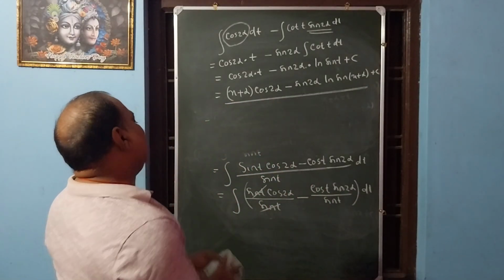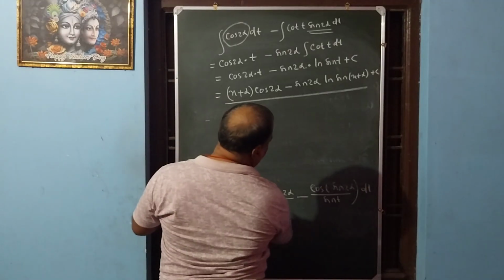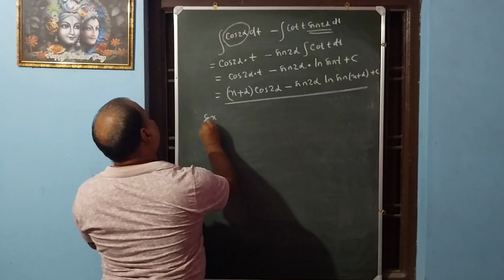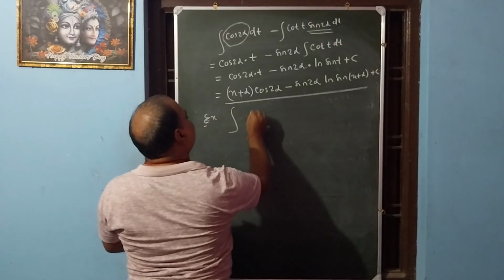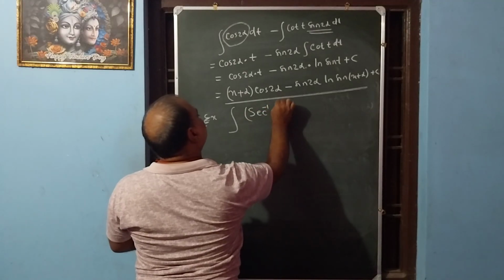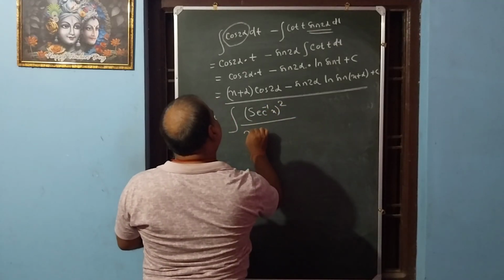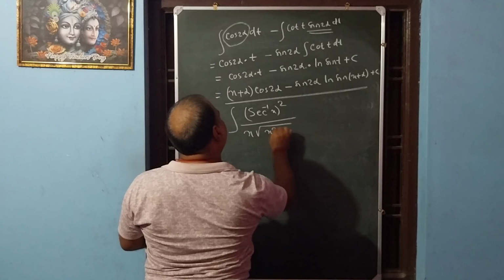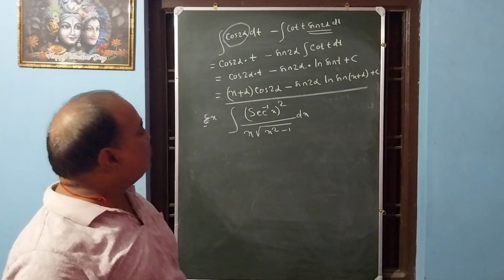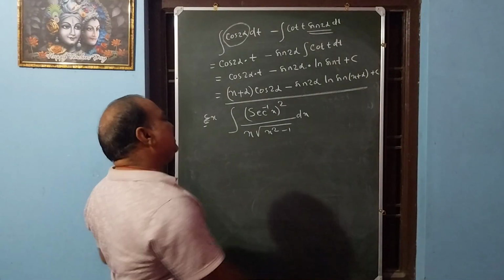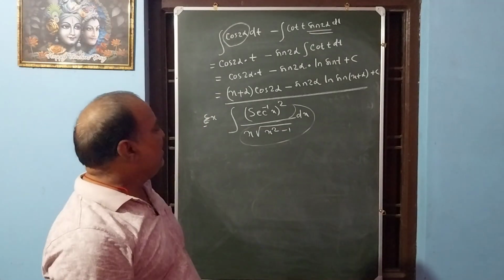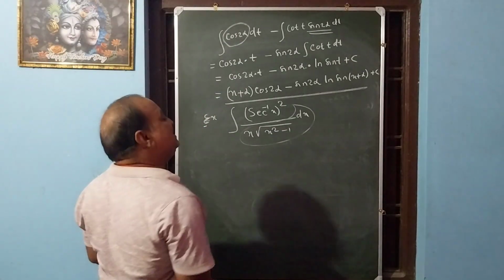So write down another example. Integration of (sec inverse x) whole square divided by x into square root of (x square minus 1) dx. First of all, you have to think which quantity you have to take so that the derivative will vanish here. So here we take sec inverse x is equal to t.